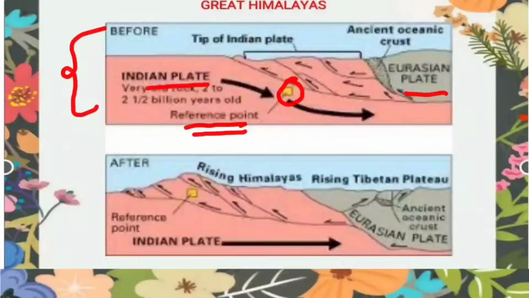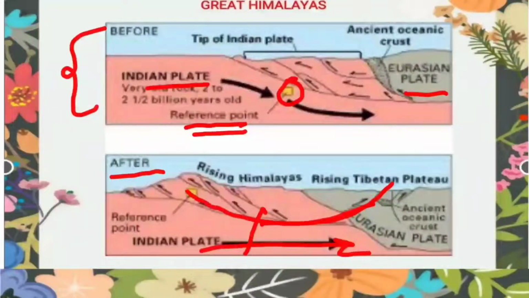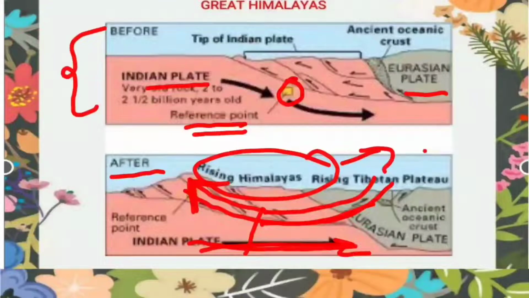So this was a point over here, and with time, after the tectonic activities, the Eurasian plate is here and the Indian plate is going down, and this point is rising upwards. So this portion of the Earth is rising somewhat like this, giving rise to the Himalayas.